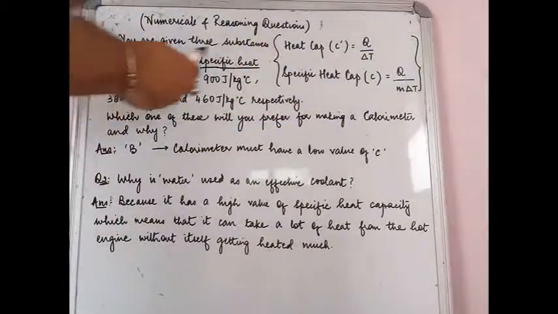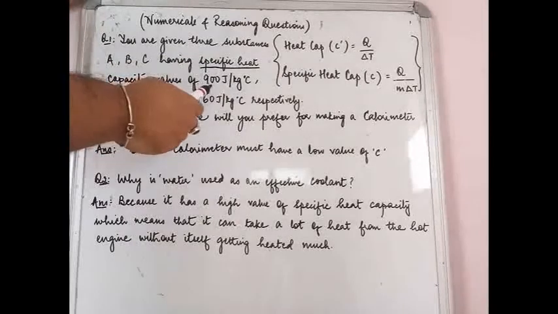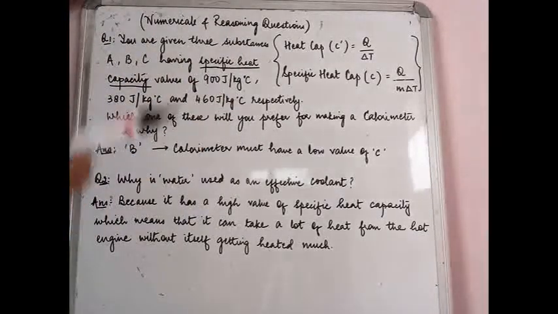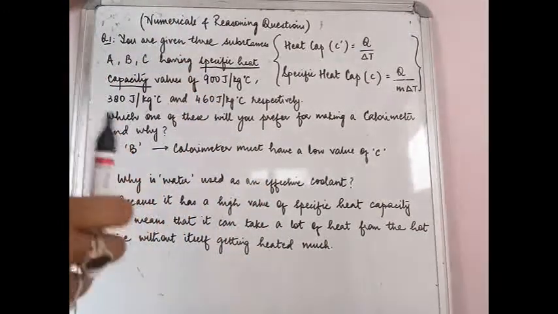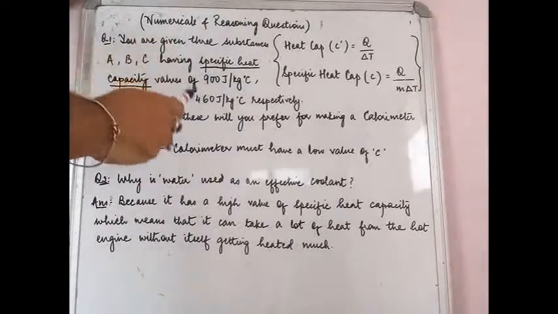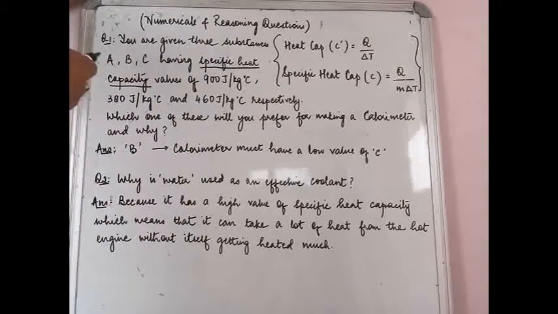The values are 900, 380 and 460 joule per kg degrees centigrade, or it can be joules per kg Kelvin also, because remember the change in temperature is the same on both scales. So 900, 380 and 460 are the values of the specific heat capacity for these 3 substances respectively.